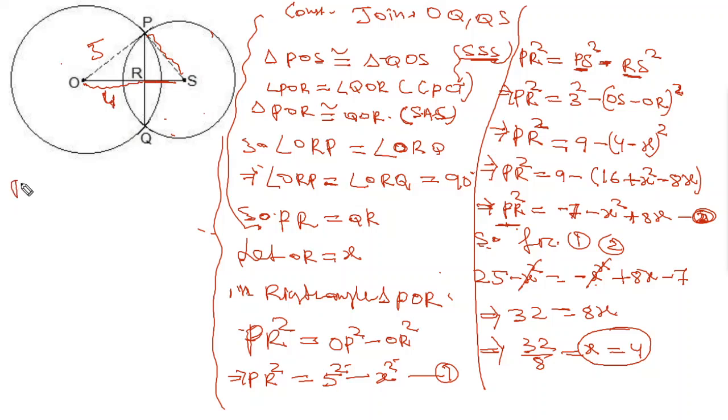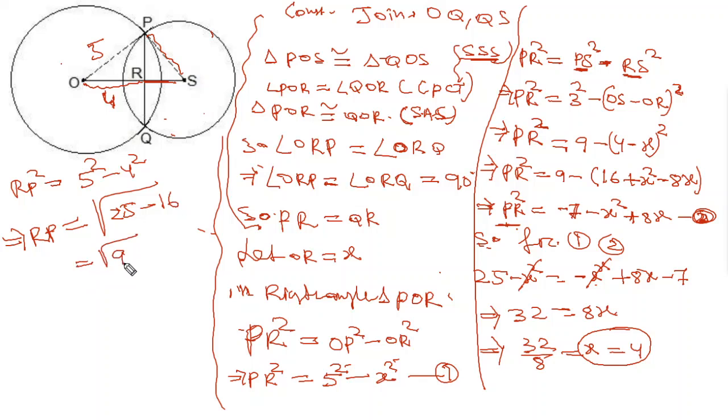So RP square equals 5 square minus 4 square, implies RP is equal to root over 25 minus 16, which is root over 9, which is equal to 3. So we got RP equal to 3. Who is RP? This length. RP is equal to 3.